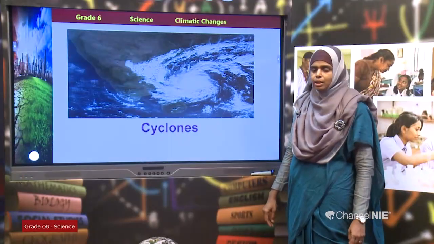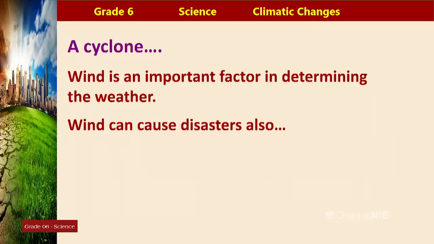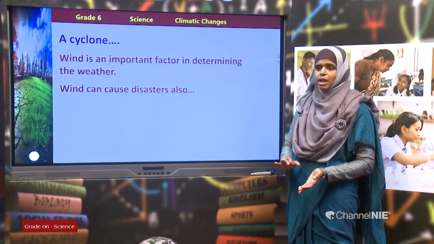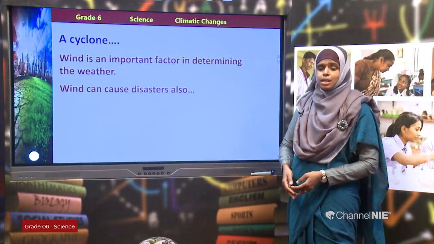First, we will look at cyclones. What is a cyclone? Yes, we know that wind is an important factor which determines the weather. But wind can cause disasters. Although it is important as a factor determining weather, it can cause disasters.